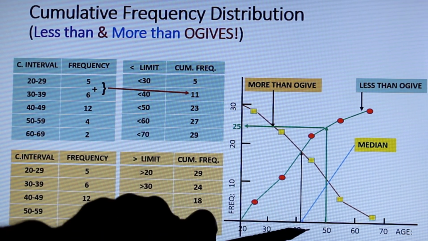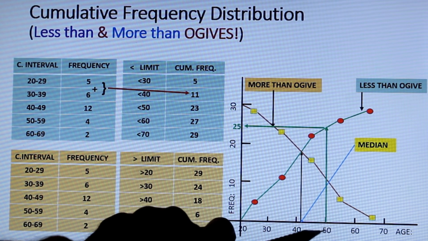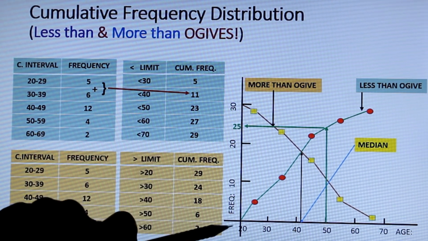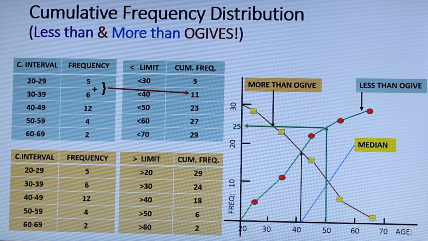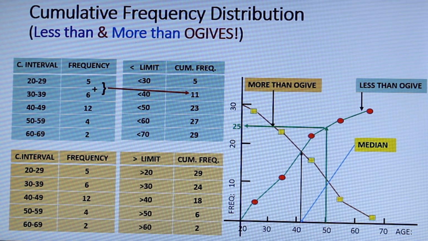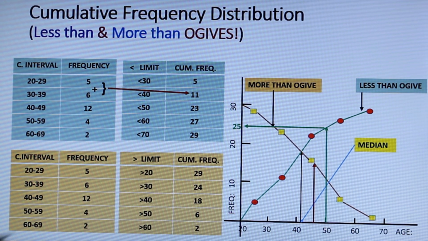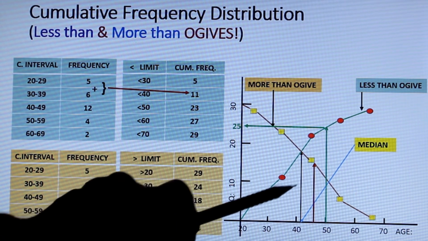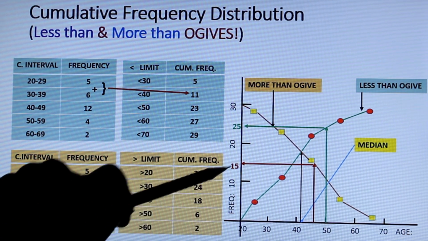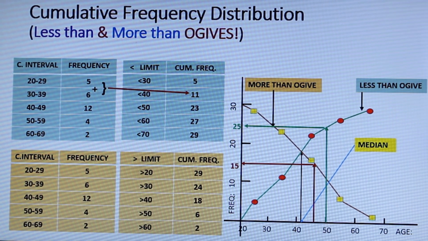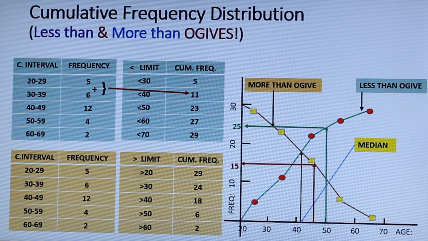I repeat once again: when you take the age 50, draw a straight line and see the corresponding horizontal line on the frequency y-axis scale. So you get 25. Similarly, if you take the more than ogive at an age of 45, you will find that more than 15 people are above the age of 45.